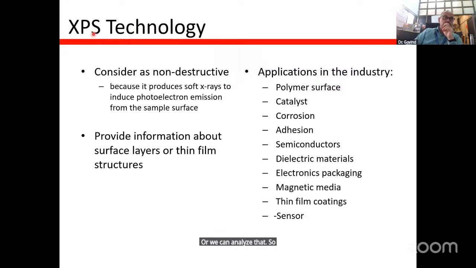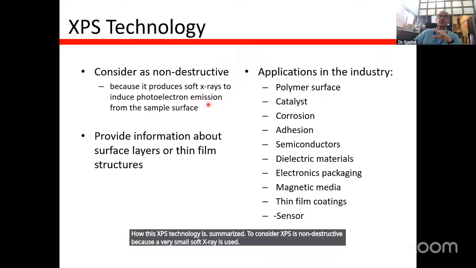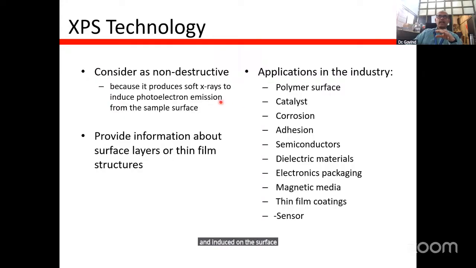So what are the applications? As a summary, we can see how XPS technology is summarized. XPS is non-destructive because a very small soft X-ray dose is induced on the surface, and it doesn't destroy your sample surface.